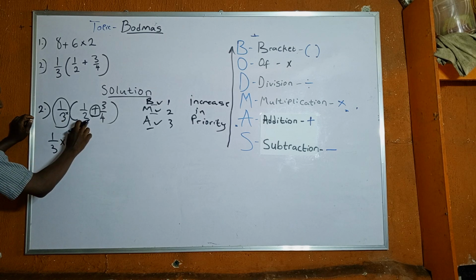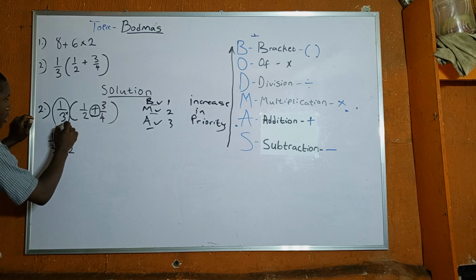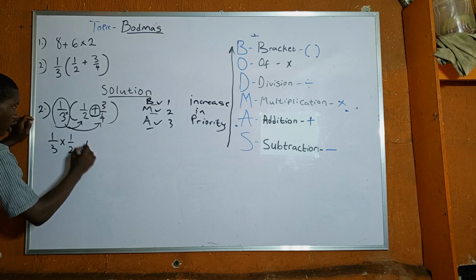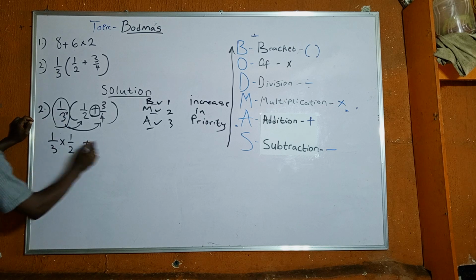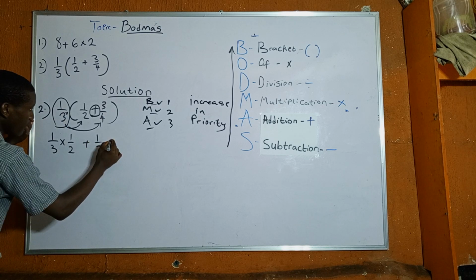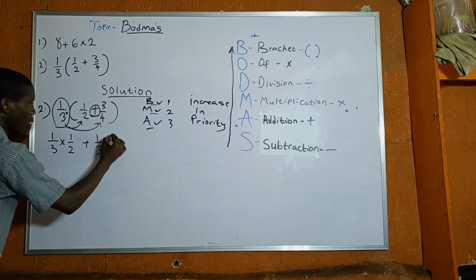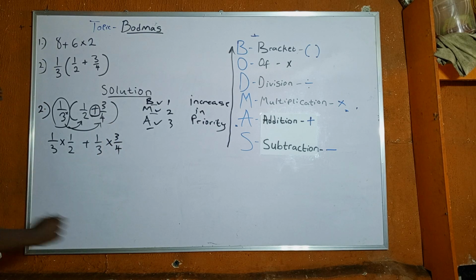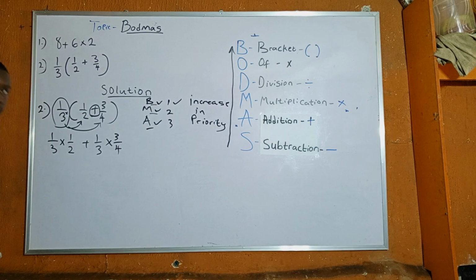That is this multiplied by this, and this multiplied by this. So plus 1 over 3 multiplied by 3 over 4. So first of all, we've cleared brackets.